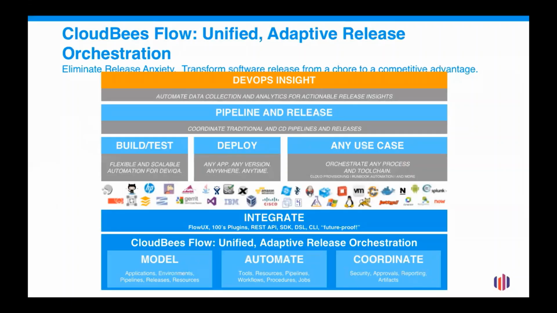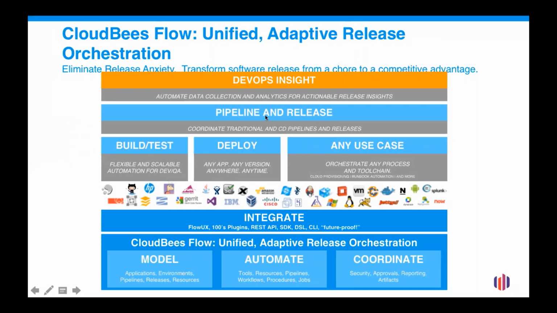For that, this is a brief, high-level description of the functional architecture of Flow, with the flow platform at the bottom that will model, automate, and coordinate the different activities.